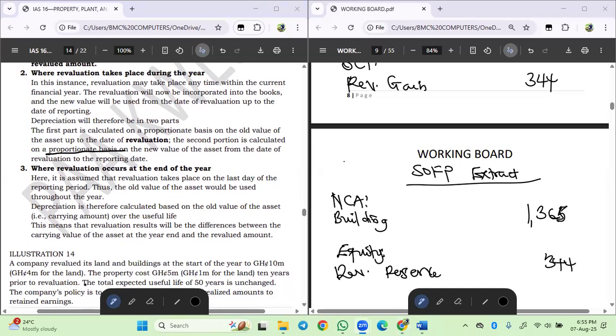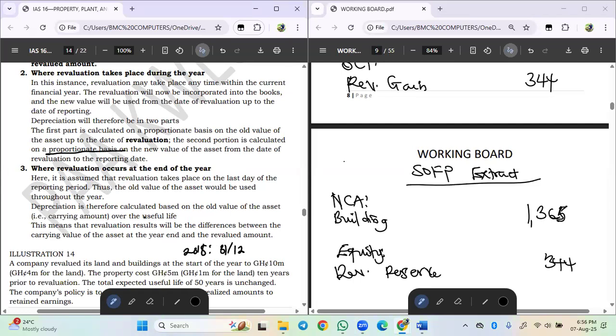Let's say the same 2018, but the revaluation was done on 31st December. Here it is assumed that revaluation takes place on the last day of the reporting period. So the old value or the historical cost will be used throughout the year, and the depreciation will just be one. You just use the historical cost to calculate the depreciation.